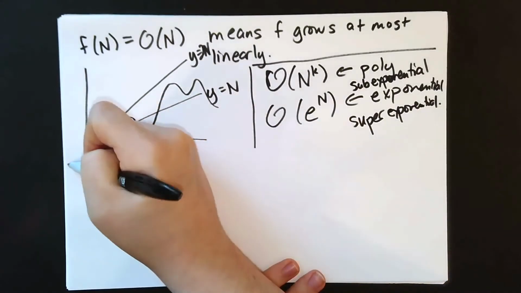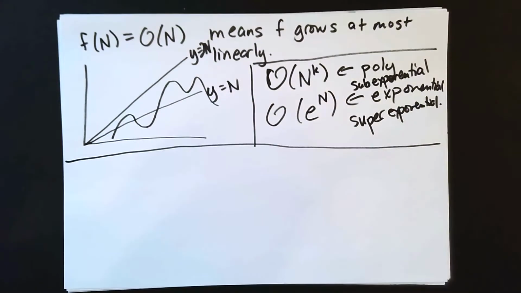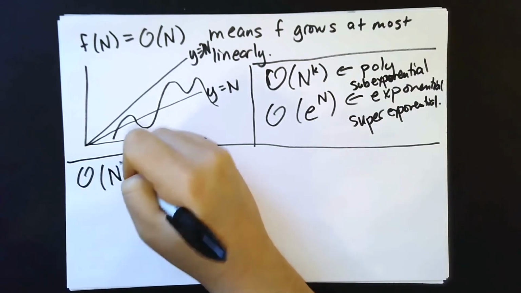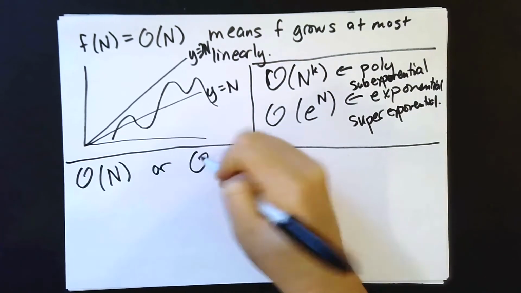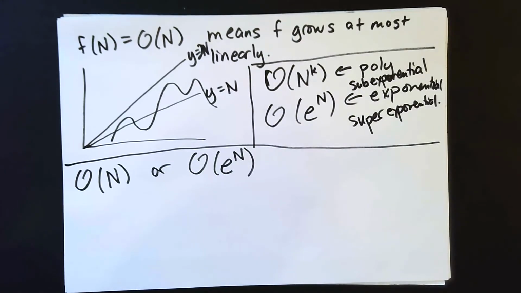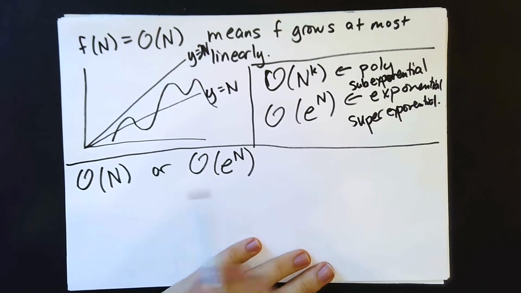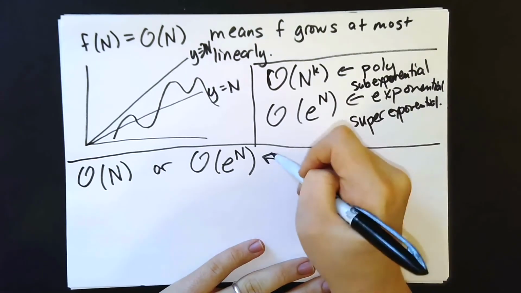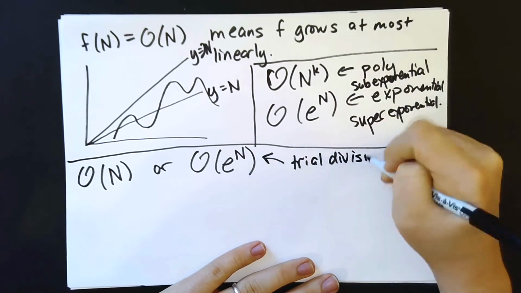Now, so far, algorithms we've talked about have largely been one of two things. They have been either O of n or O of e to the n. And I want to emphasize that these two things are really a world different in terms of what they're saying about the algorithm. Things that are O of e to the n include trial division.